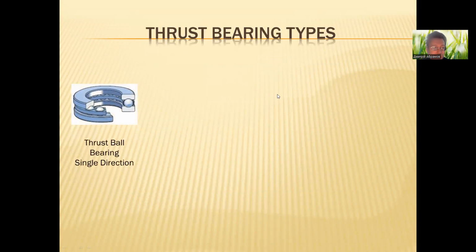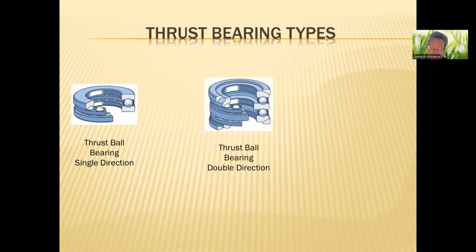Thrust bearing types. Thrust ball bearing, single direction. Thrust ball bearing, double direction. First direction, second direction.